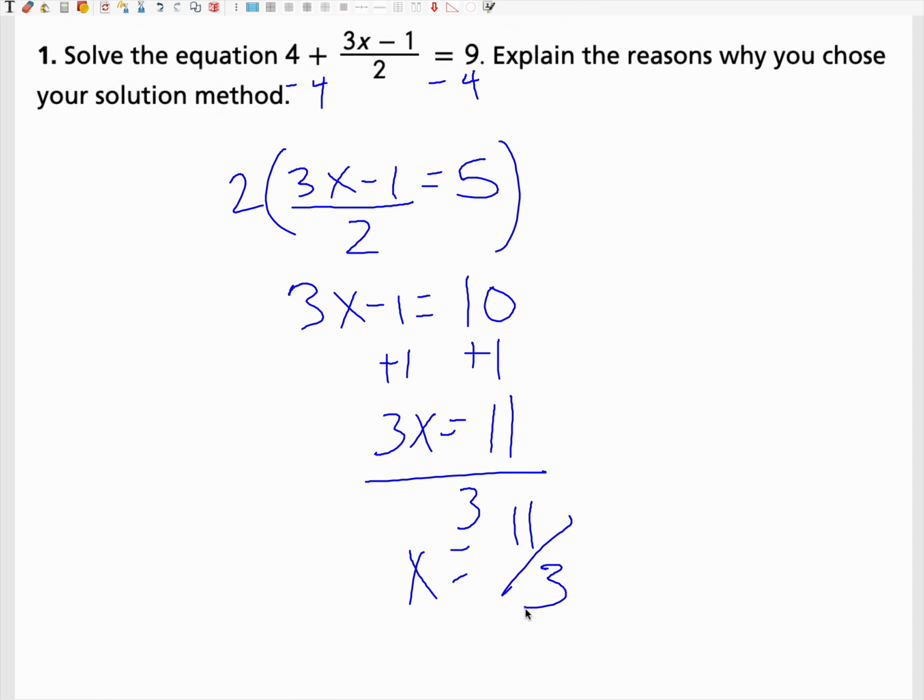Yep, that's what I got. All right. Anybody solve it different? Do different steps or a different order of steps? Is it okay if you did? As long as we got the same answer, it's okay if you did.